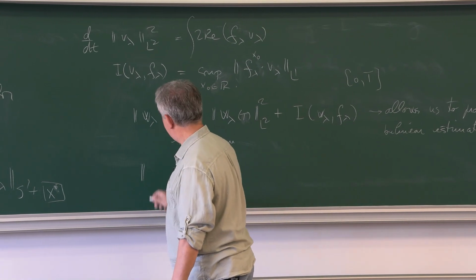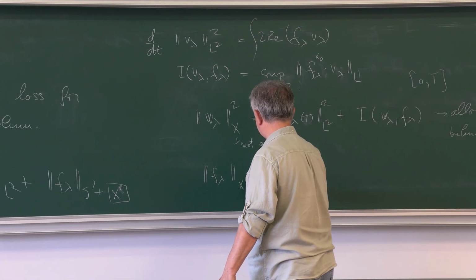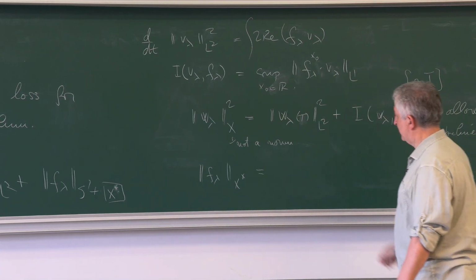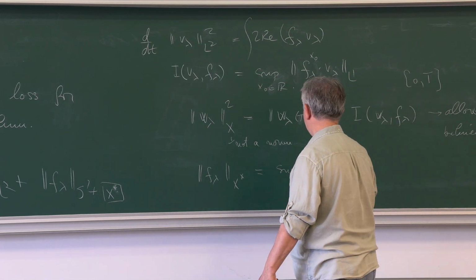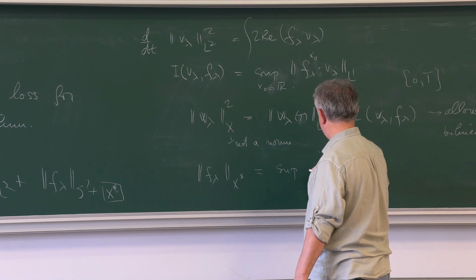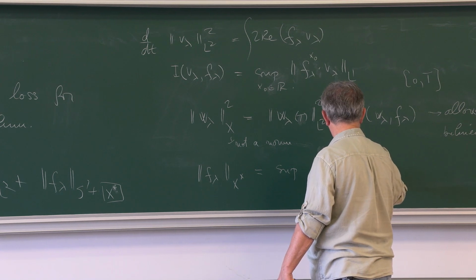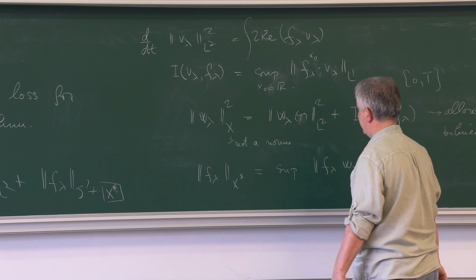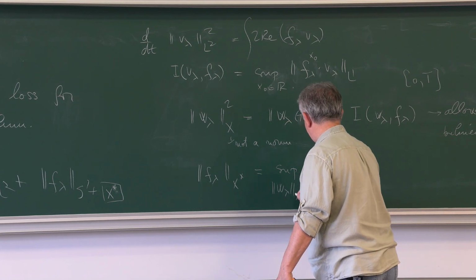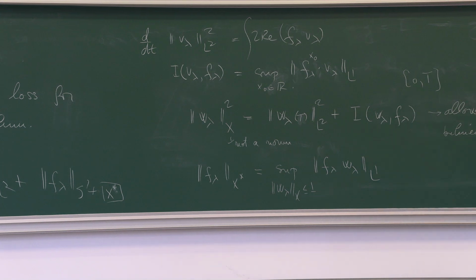So I define the norm of F lambda in X star to be equal to the supremum, let's say, of the norm of F lambda W lambda in L1 when the norm of W lambda in X is smaller than or equal to 1. This is still homogeneous, so it makes sense to compare it to 1.